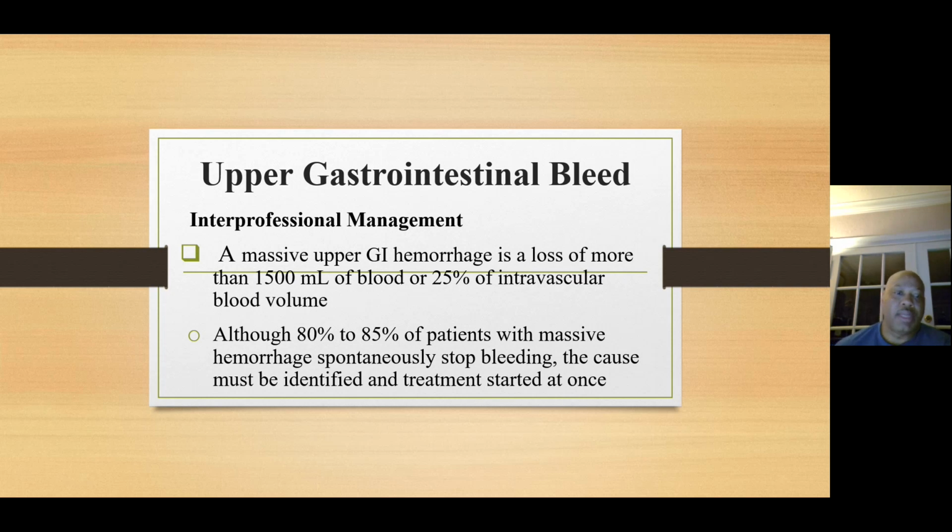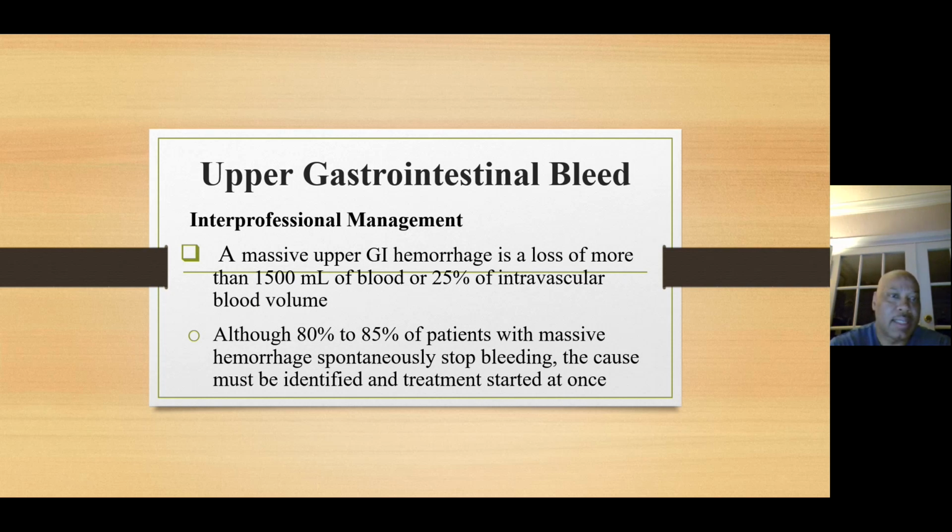Now, as far as drug therapy is concerned, during the acute phase of upper GI bleeding, drugs are used to decrease bleeding, to also decrease the hydrochloric acid secretion, and also neutralize the hydrochloric acid that is present.